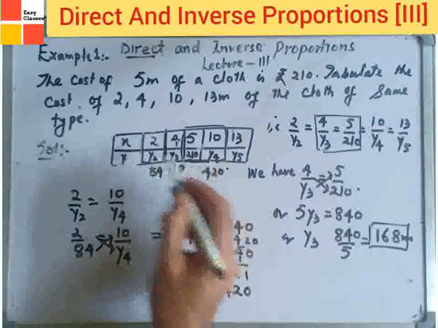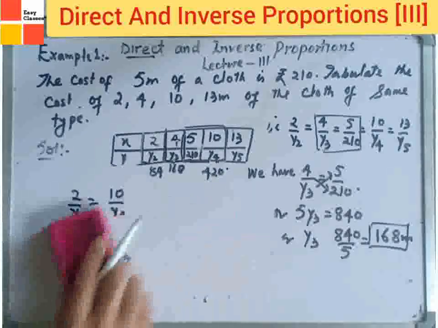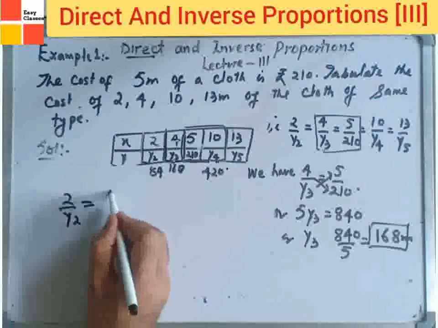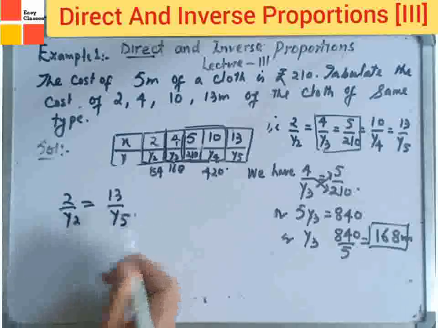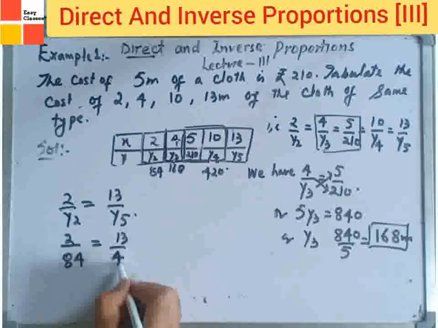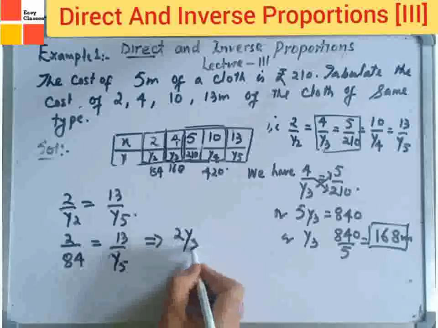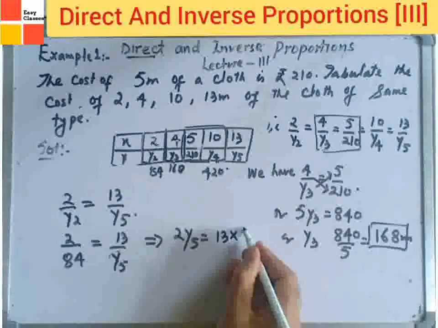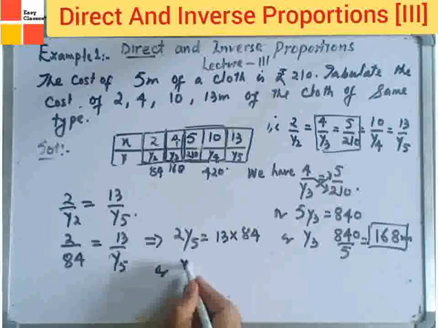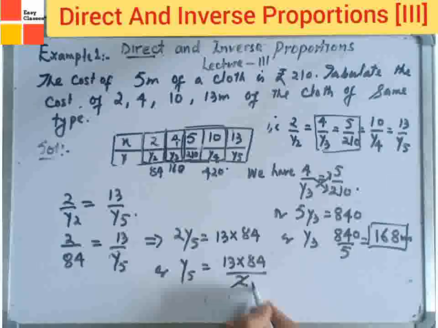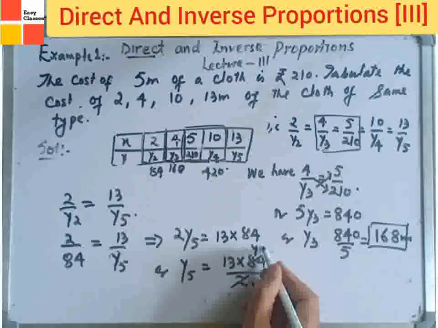Now you can compare these two. Let me rub this. 2 divided by y2 is equal to 13 divided by y5. We know that y2 is equal to 84, and 13 divided by y5, so 2y5 is equal to 13 into 84, which is y5 is equal to 13 into 84 divided by 2. 2 1s are 2, 2 4s are 8, 2 2s are 4, so 42.